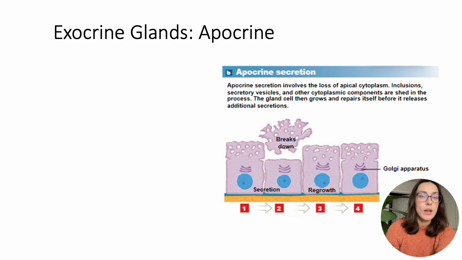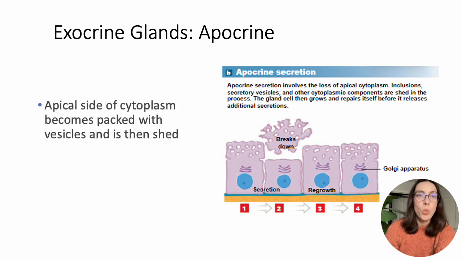Apocrine mode of secretion for exocrine glands is much less common. And what happens is that the cell produces a bunch of the product, moves it to the apical side of the cell, and then that whole apical side of the cell breaks away and breaks down.